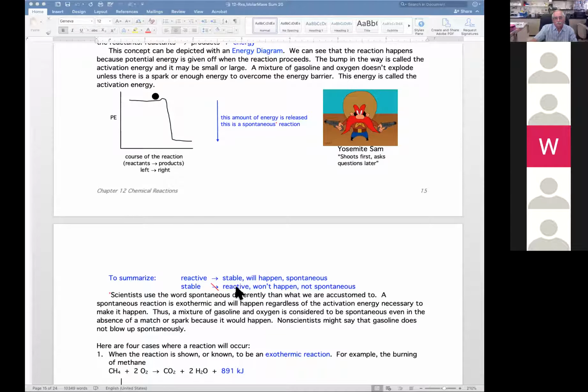Stable going to reactive, not going to happen, not spontaneous. Now, that's confused by the fact that what do chemists do every day? We don't simply do what's already going to happen, right? We find ways to go in the opposite direction, called ingenuity.